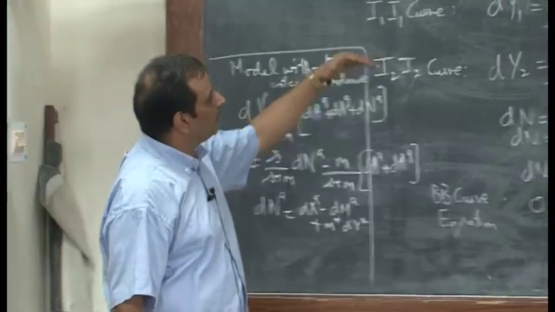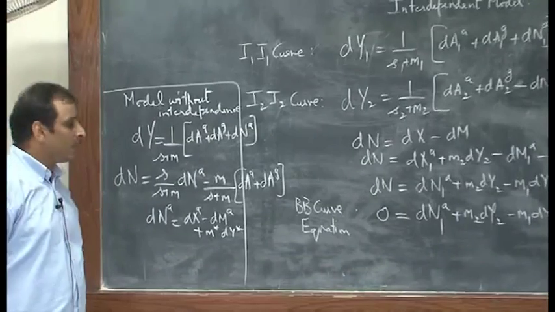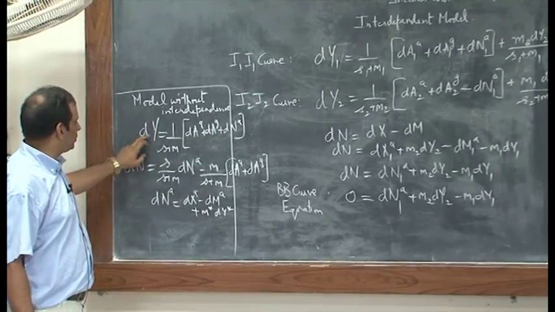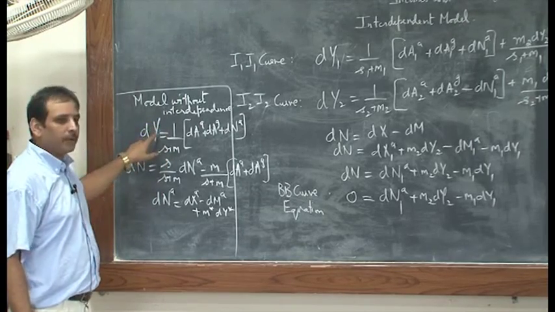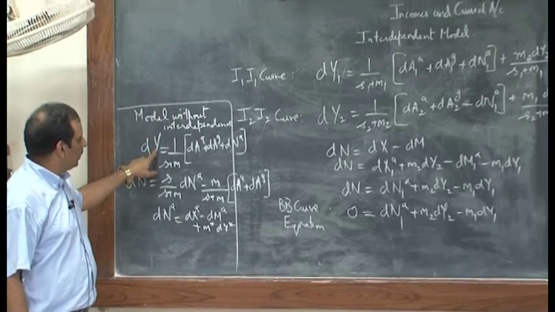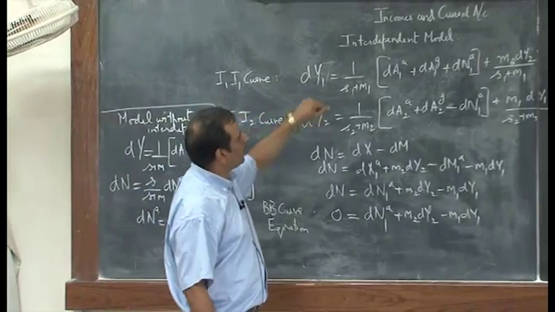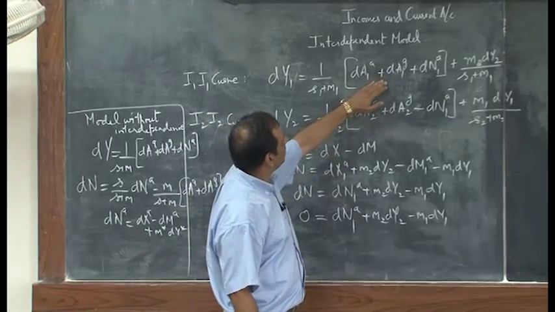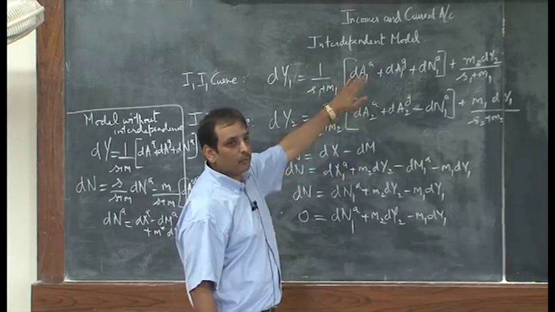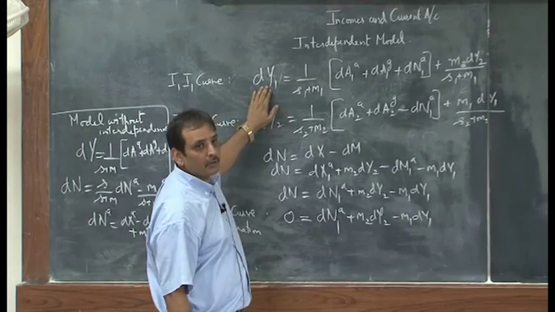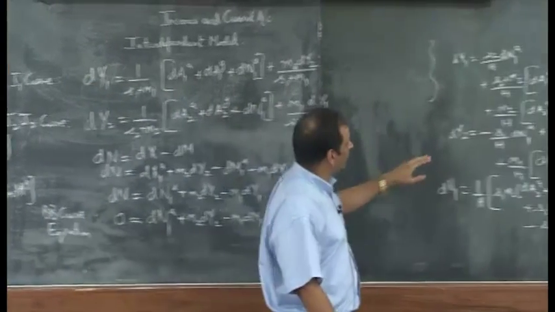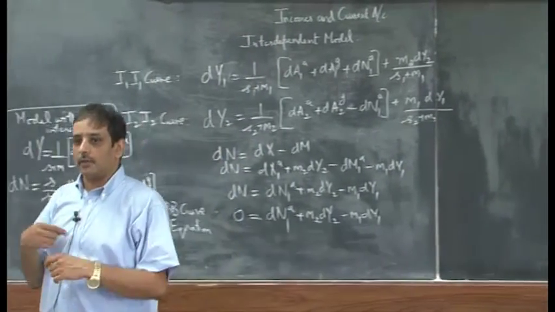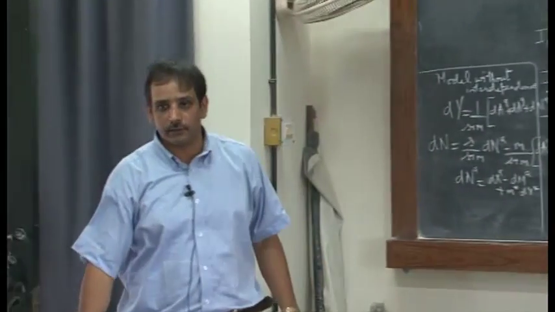Now see the difference between the interdependent and the dependent model. If there is an increase in the expenditures, it leads to the changes in income through the open economy multiplier. But in the interdependent model, there is something else which is happening. When these expenditures go up, they tend to increase not only the incomes in the first country, but also the incomes in the second country, because expenditures have an impact on the incomes of both the countries.